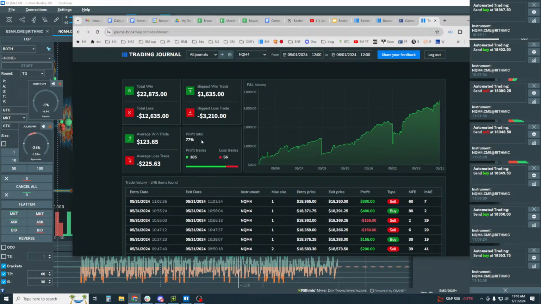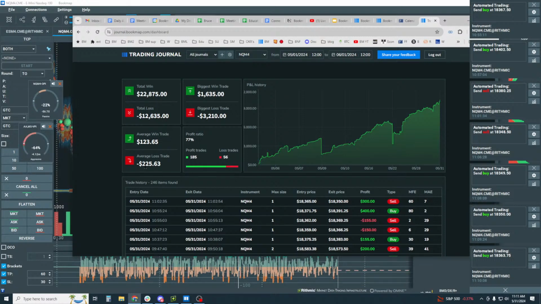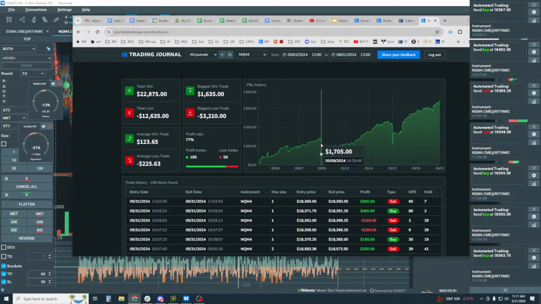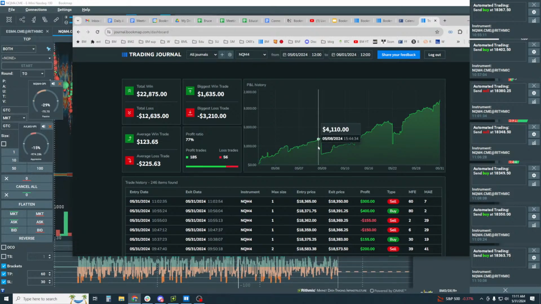I would be very happy to see that, but I would want to see my average winners here 3 times my average loser. Okay, so therefore I'm taking small losses. I'm not taking big losses. Okay, the big losses can wipe you out. So that's what we want to avoid. And we want to have confidence in our strategies, take the small losses, capture the big wins.